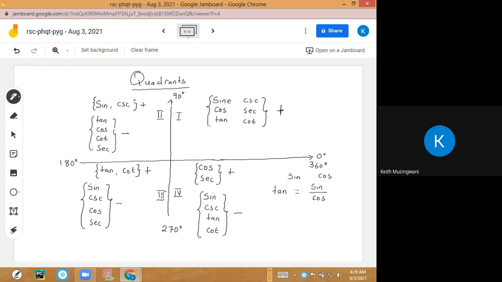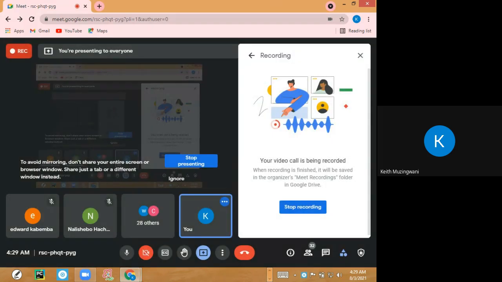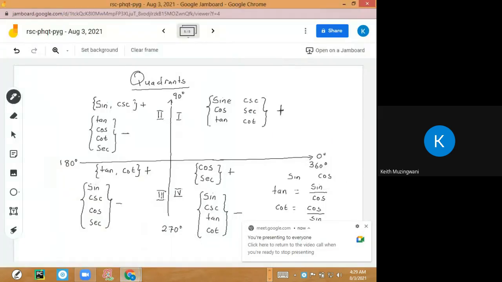Sine and cos can still give you cot if you switch, you start with cos and divide by sine. If you just get cos and divide 1 by cos, you get sec, and then you get cosec if you divide 1 by sine.